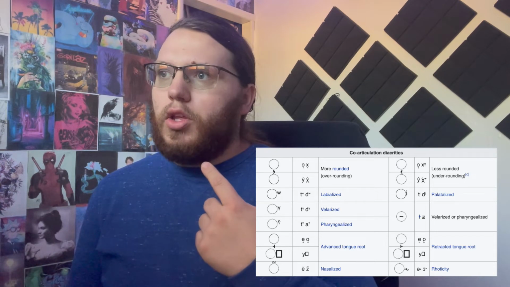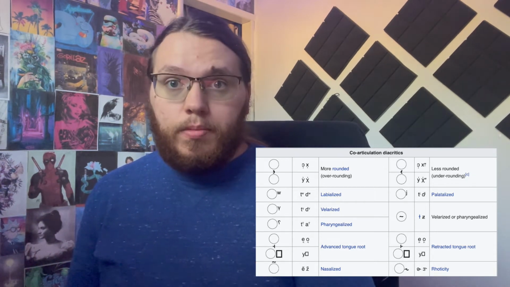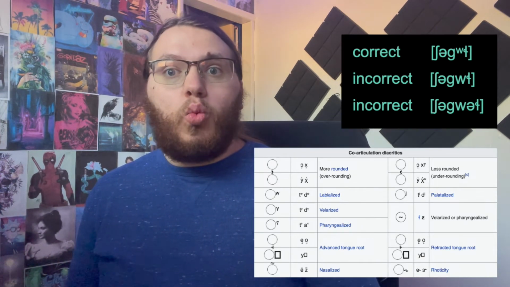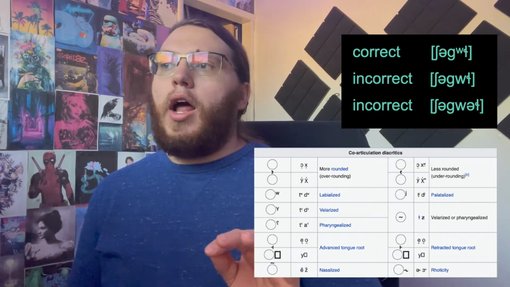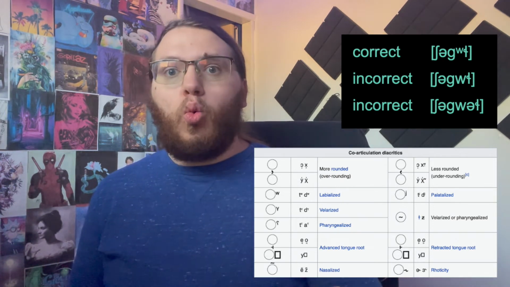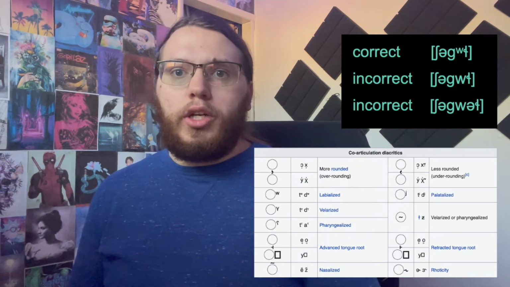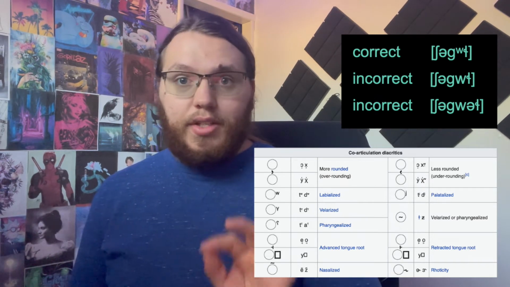Labialized, your lips are rounded while you are producing the sound. For example, in the Lushootseed word for door, shub. I'm not saying gwash, shub. It's got a labialized voiced velar stop. Shub. My lips are rounded while I am producing the G sound at the same time.